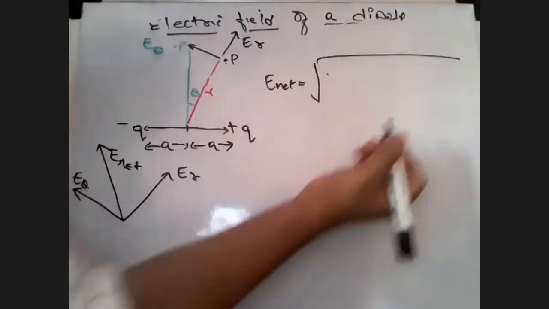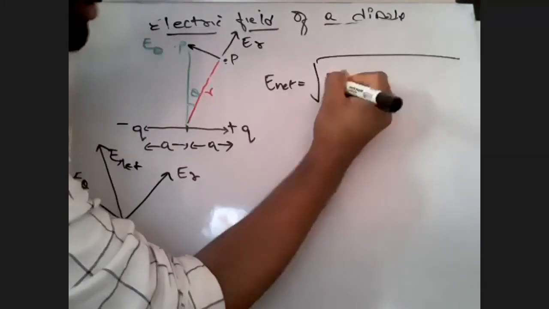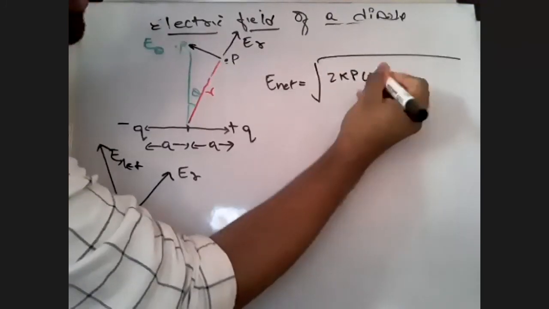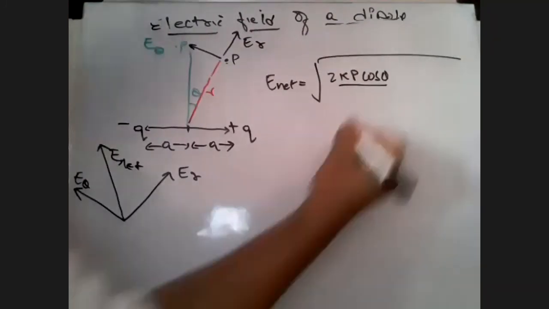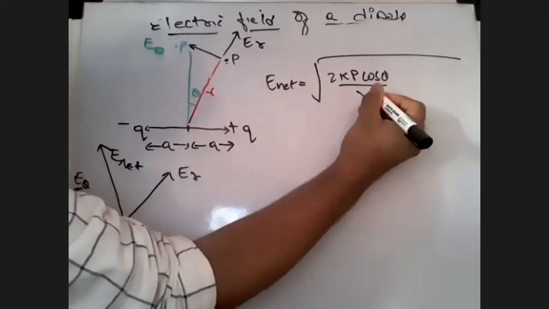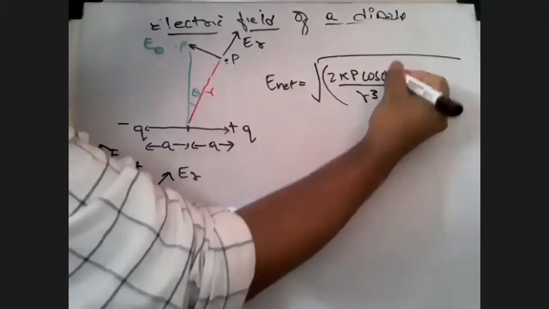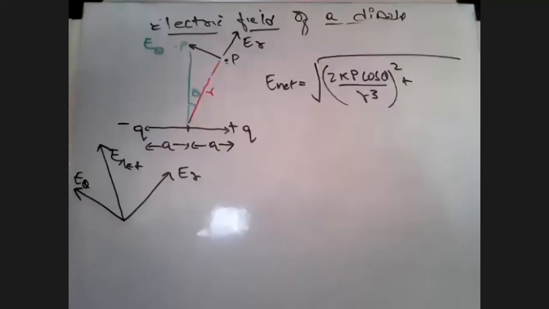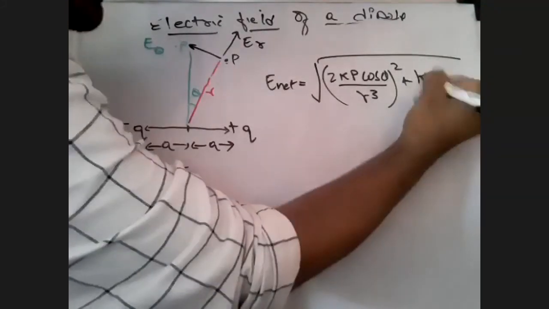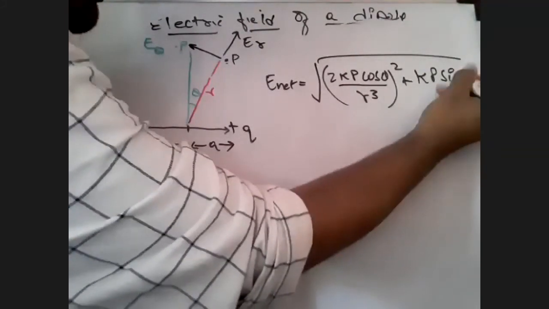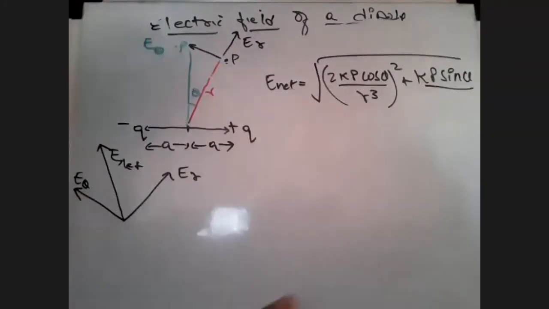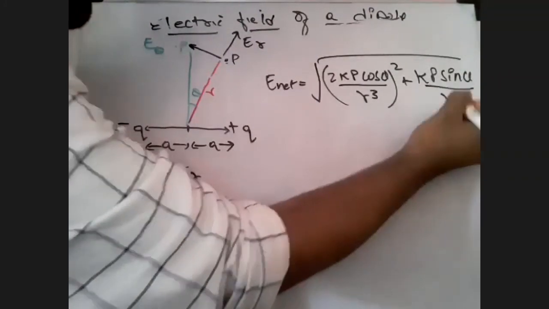I know. What is ER? ER is what? It's going to be 2 Kp cos theta upon, what was it? R square or R cube? R cube whole square plus E theta square is going to be what? Kp sin theta upon R cube whole square.